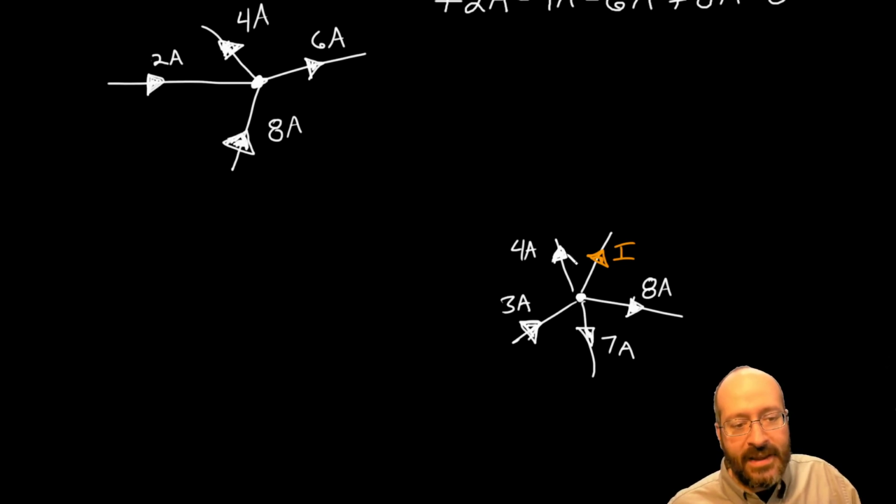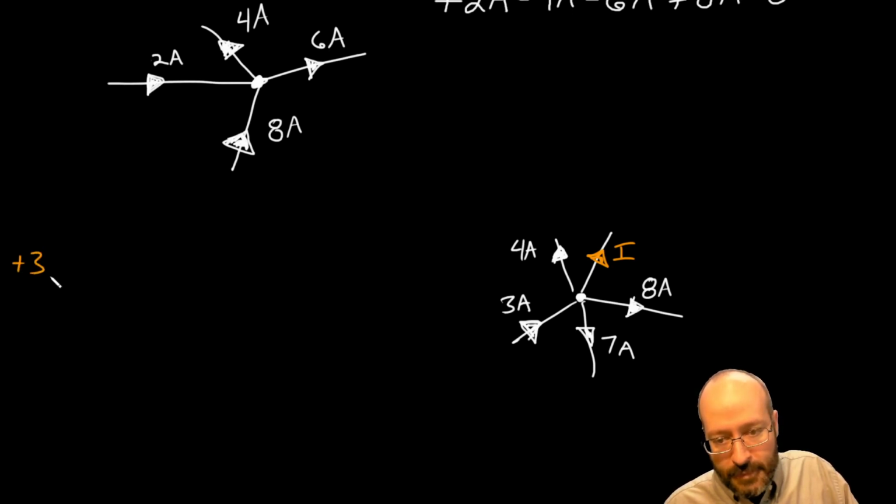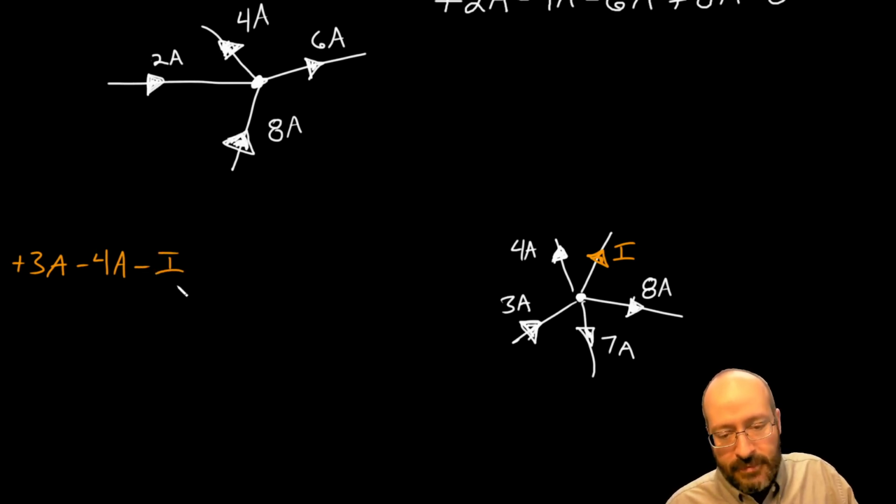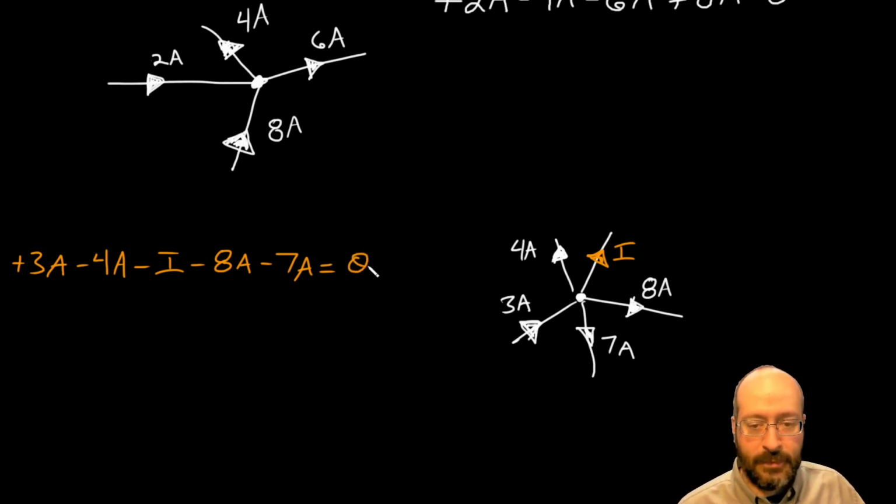Okay, if I want to find I, I'll come over here to the left, and I'll do the same thing that I did here. 3 amps is going in. Plus 3 amps. 4 amps is going out. So it's minus 4. The I is going out. So it's minus I, minus 8 amps, and minus 7 amps. And that's all equal to 0.